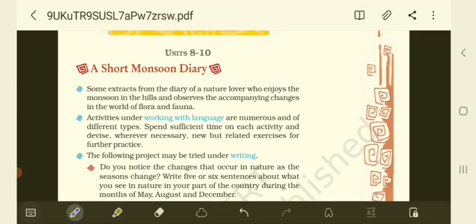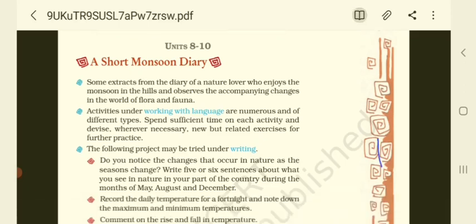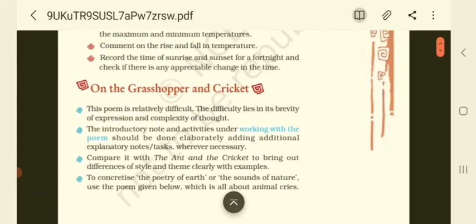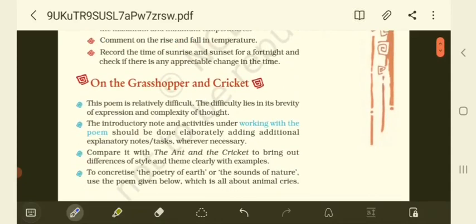So this is what we are going to do in the first lesson, and then there'll be a second lesson of the unit called On the Grasshopper and the Cricket. So it's a poem.